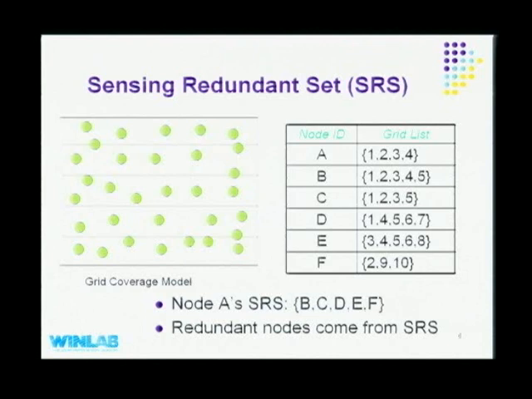We can say the same of C. C covers grid points 1, 2, 3, which are part of the grid list of node A. So we could say node A's sensing redundant set consists of nodes B, C, D, E, F. And then we could also say a redundant node always comes from the sensing redundant set, because they have some sort of overlap in terms of coverage.